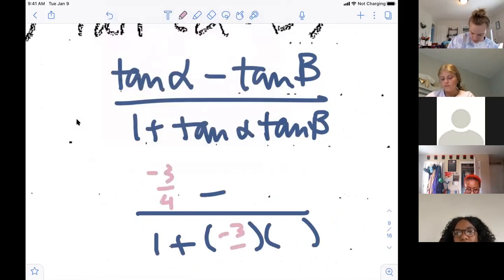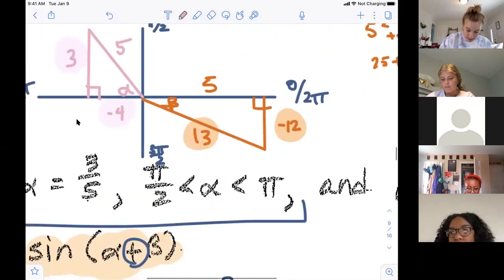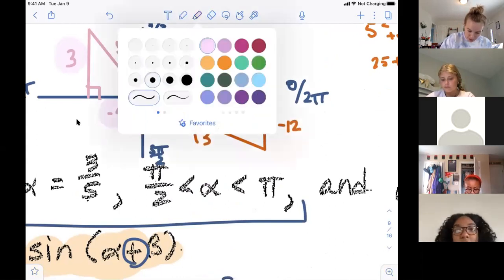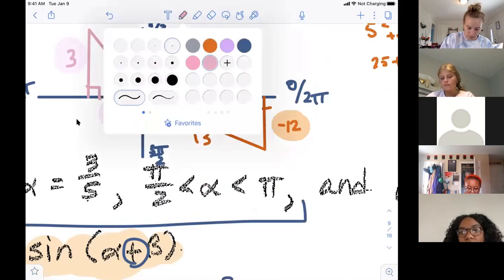Every time I saw tangent of alpha, I replaced it with negative 3 over 4. Now I've got to figure out what tangent of beta is because I'm going to replace all the tangent of betas with that. Tangent is opposite over adjacent, so negative 12 over 5. Okay, negative 12 over 5.